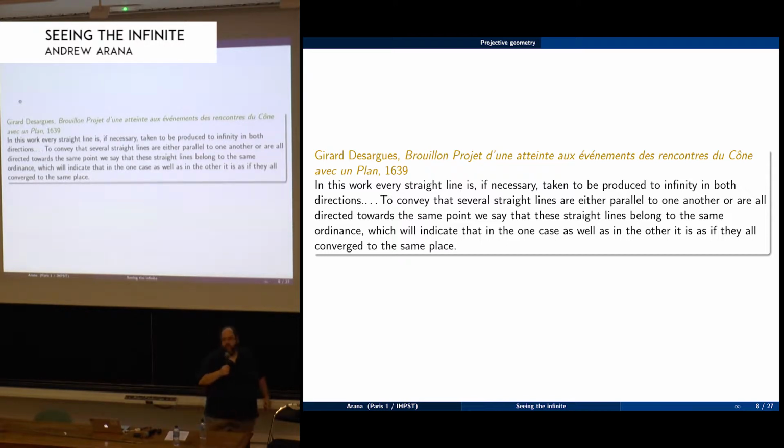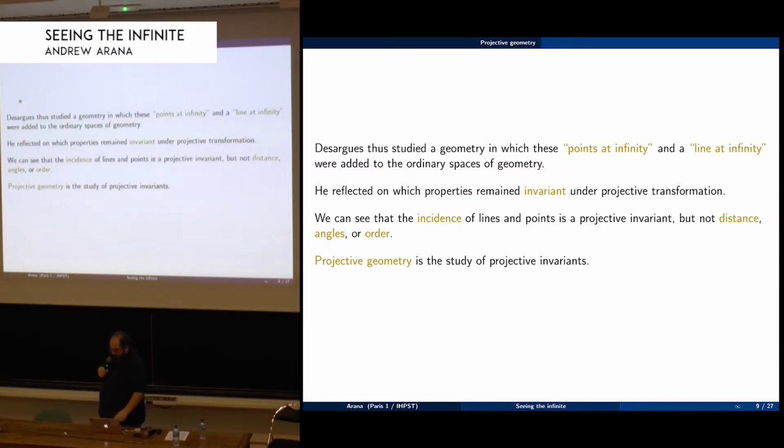And here, the idea that lines, all lines, including parallel lines, converge to the same place, is to say that at infinity, for Desargues, we add points to regular space. We add points at which these lines intersect at infinity. And we also add a line at infinity on which all of the points at infinity are situated.